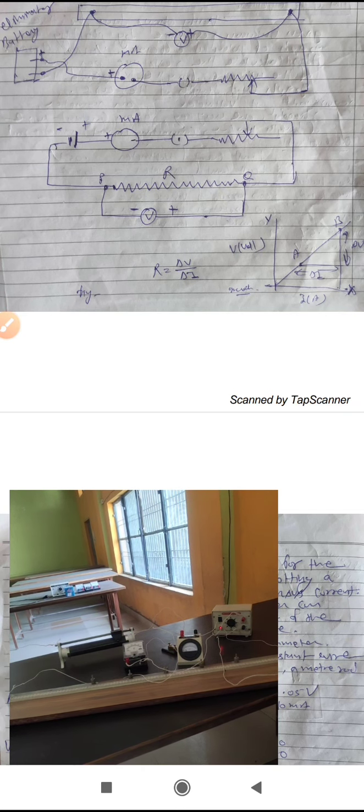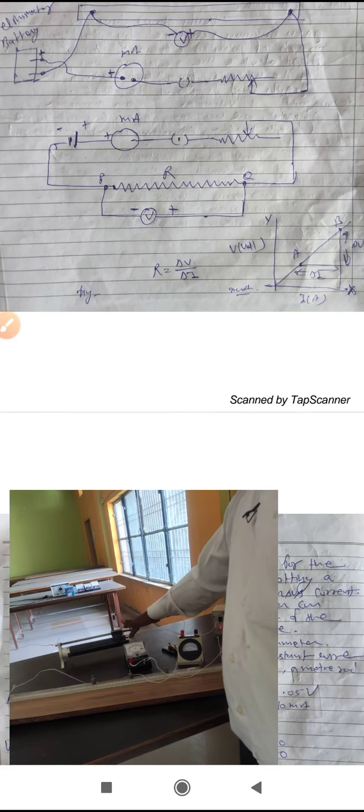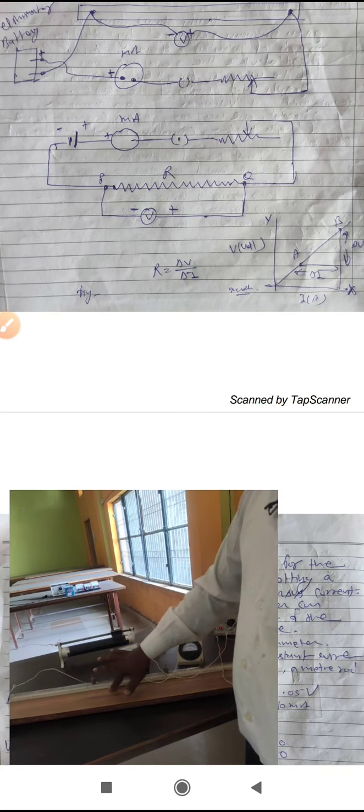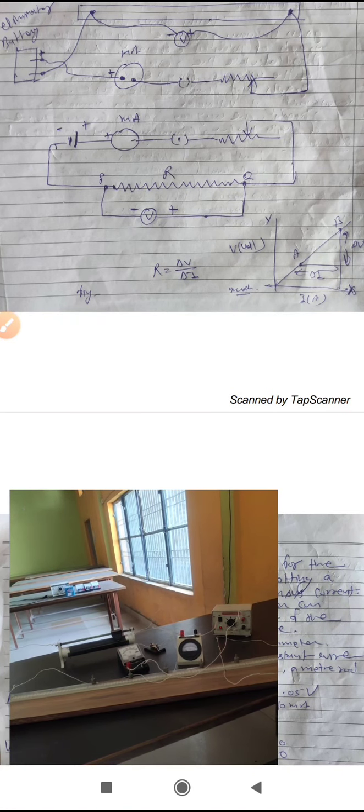For this, the battery eliminator, milliammeter, variable resistor and key are connected in series with this resistance wire, and the voltmeter is connected in parallel.